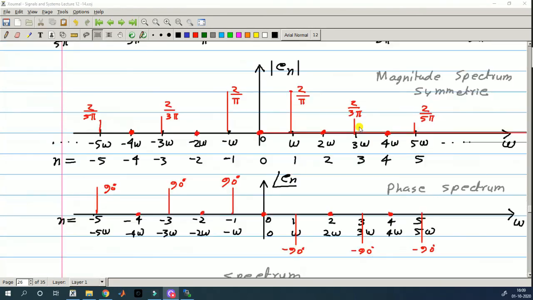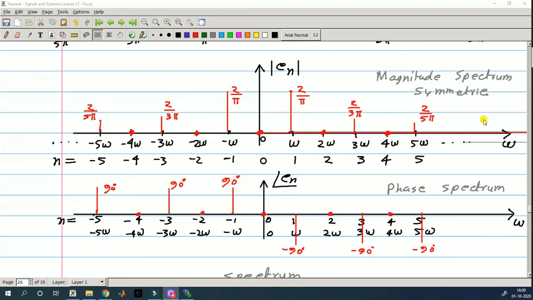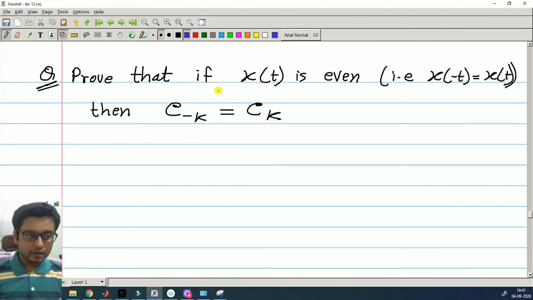Please remember that for real valued signals, magnitude spectrum is always symmetric and phase spectrum is always antisymmetric or odd in nature. We shall finish today's class after solving one or two example problems.